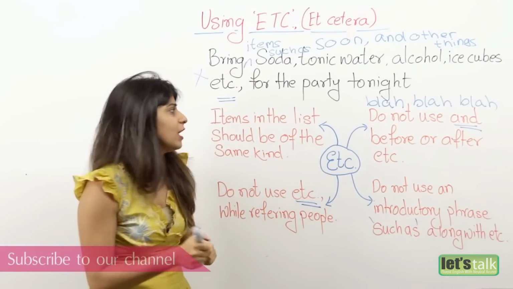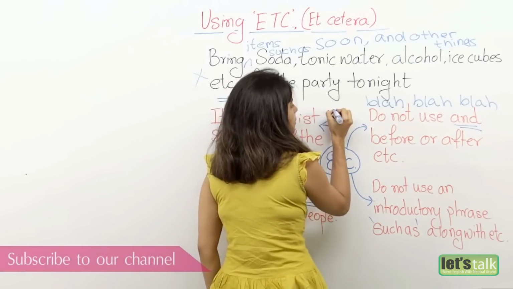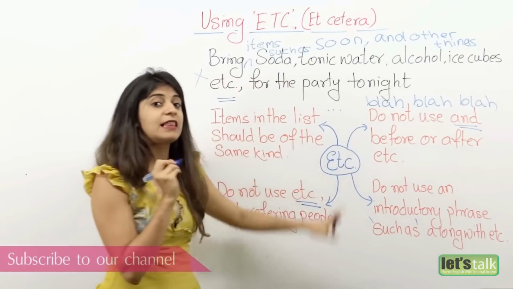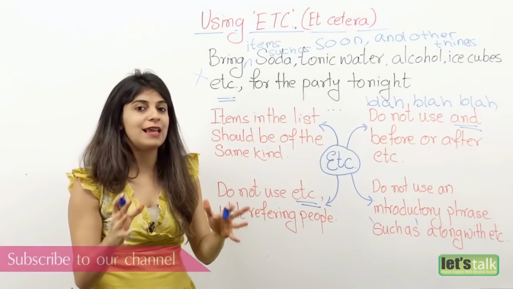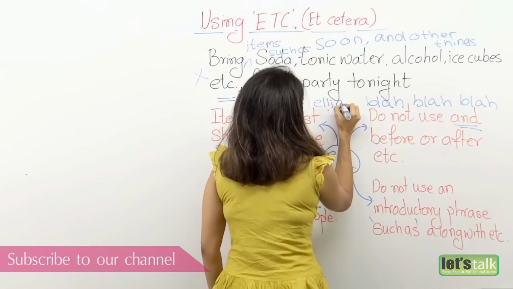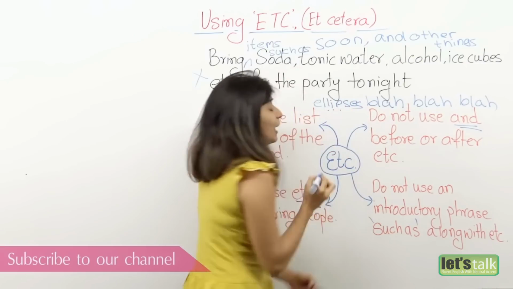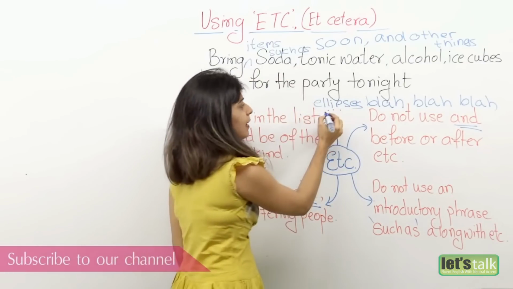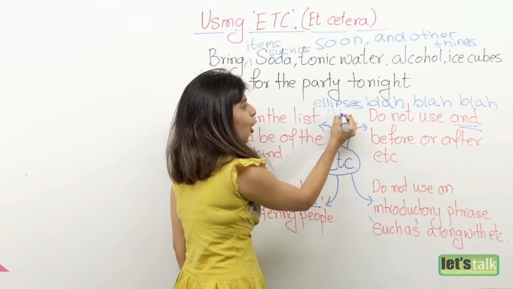Or while writing, you can use the 3 dots. Okay? And the 3 dots are also called ellipses. And what they stand for is and so on.